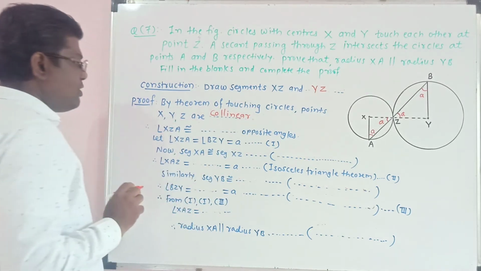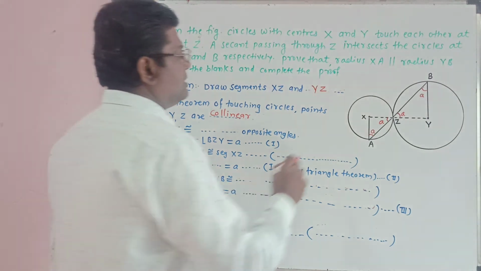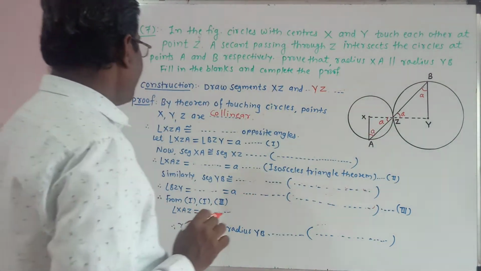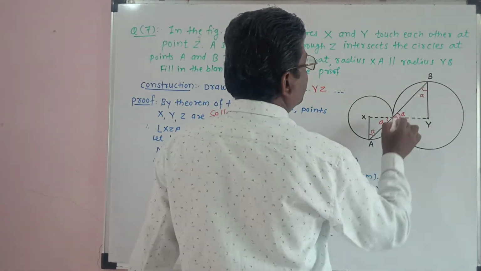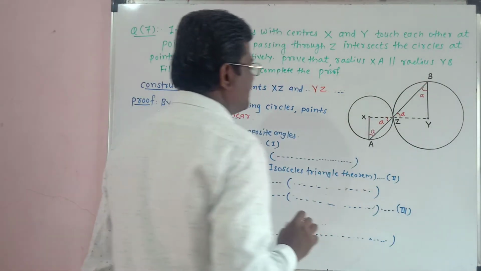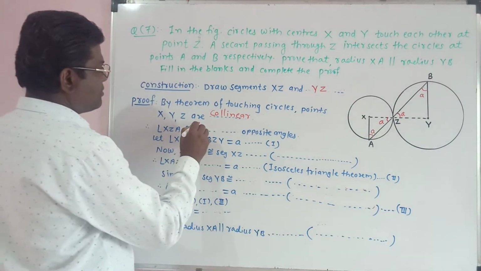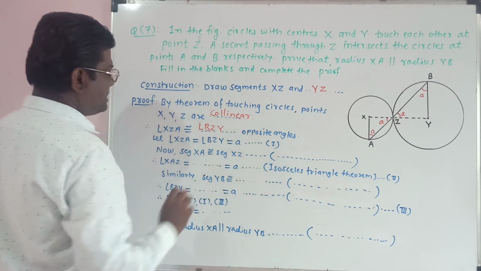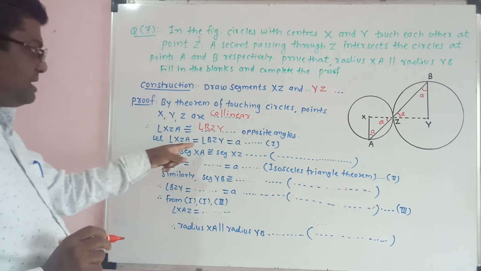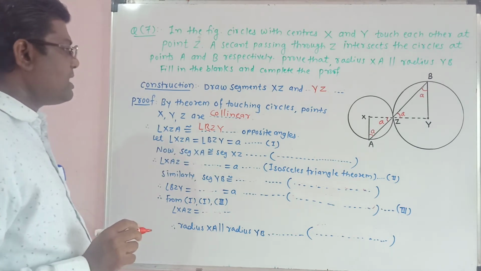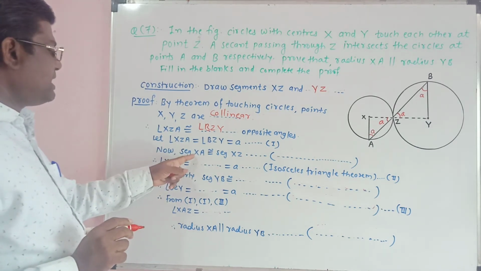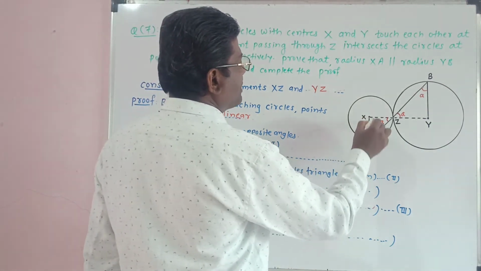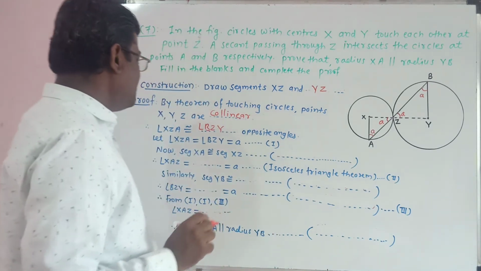Now angle XZA is equal to angle BZY. These two angles are opposite angles. Angle XZA congruent angle BZY, opposite angles. Let angle XZA is equal to angle BZY is equal to A. Now segment XA congruent segment XZ, radii of the same circle.